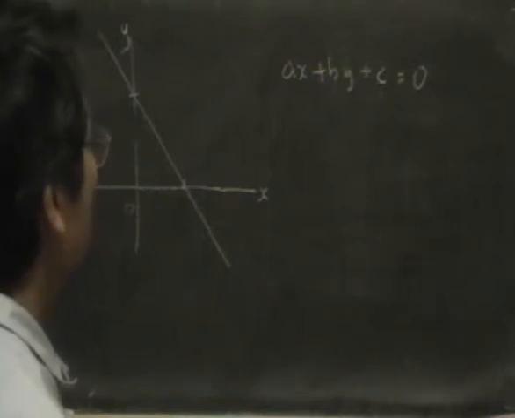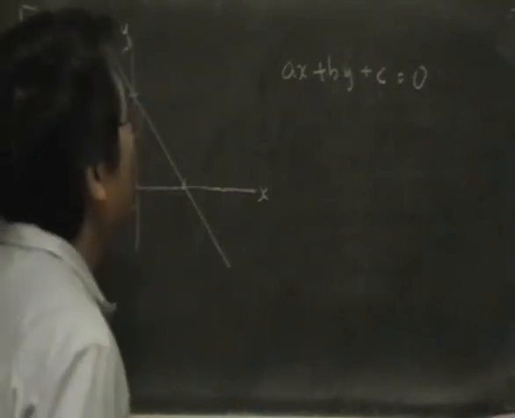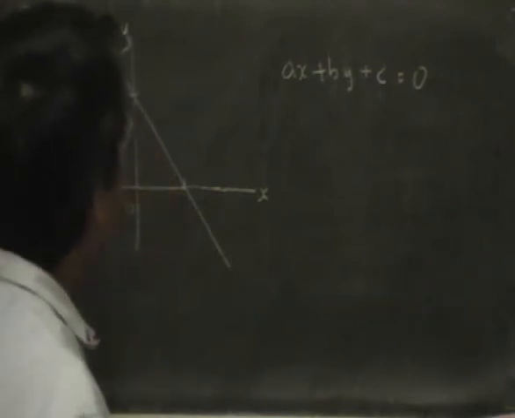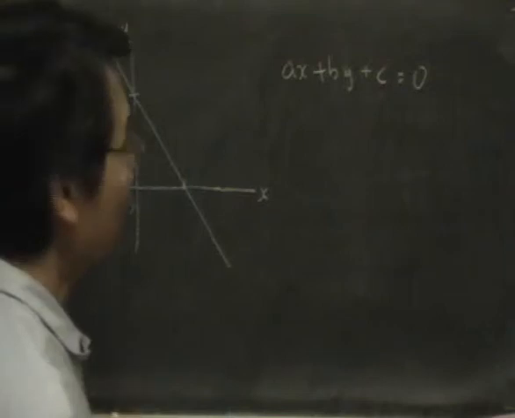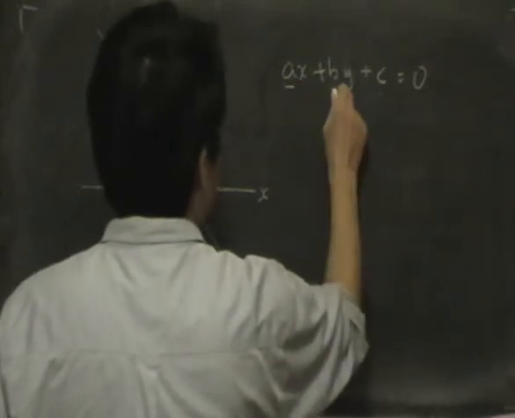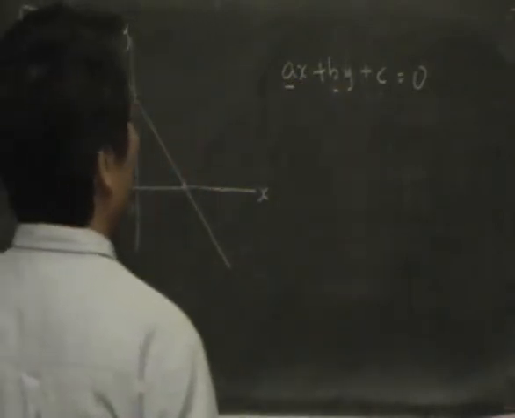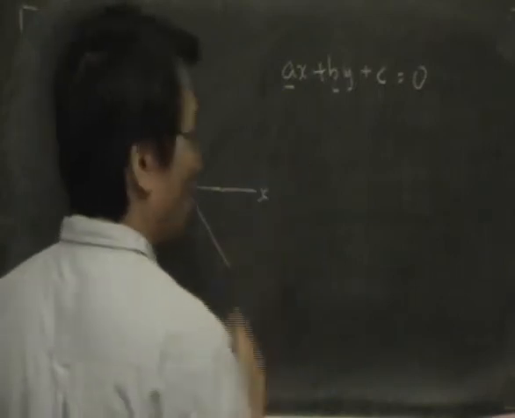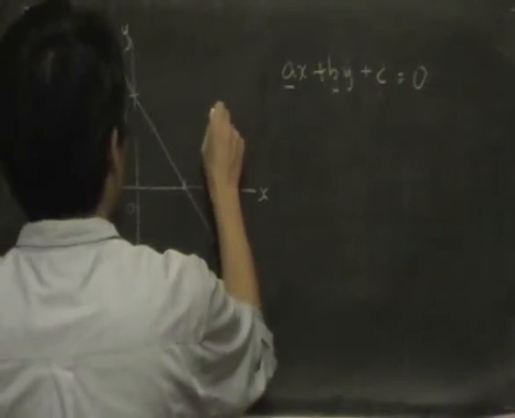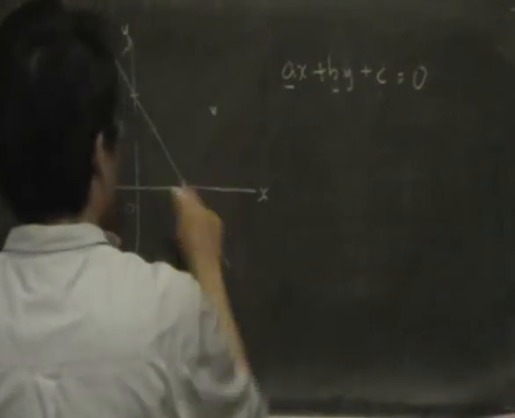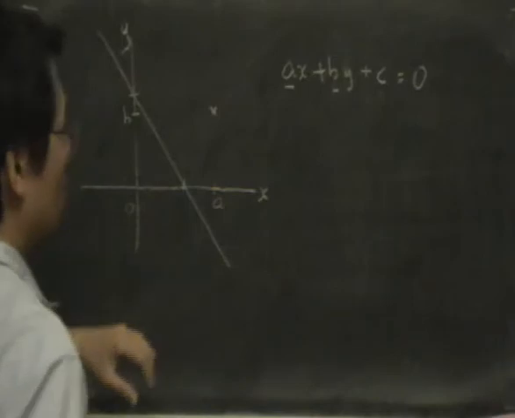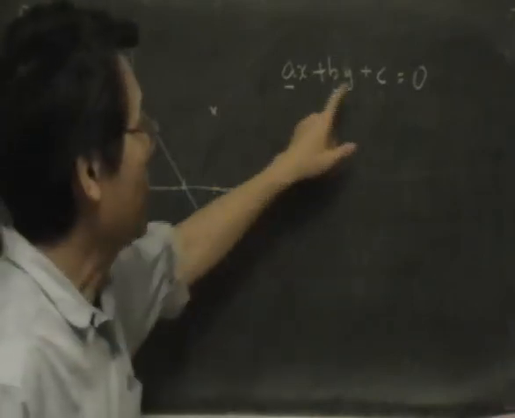It's a little bit more tricky to understand how this comes about, so I will not explain the reason behind this, but what I'll just say is that if you take the number a and the number b down here as x and y coordinates of a point and plot the point on the graph, so suppose that's the point and that's a and that's b. So a, b and c are all numbers.